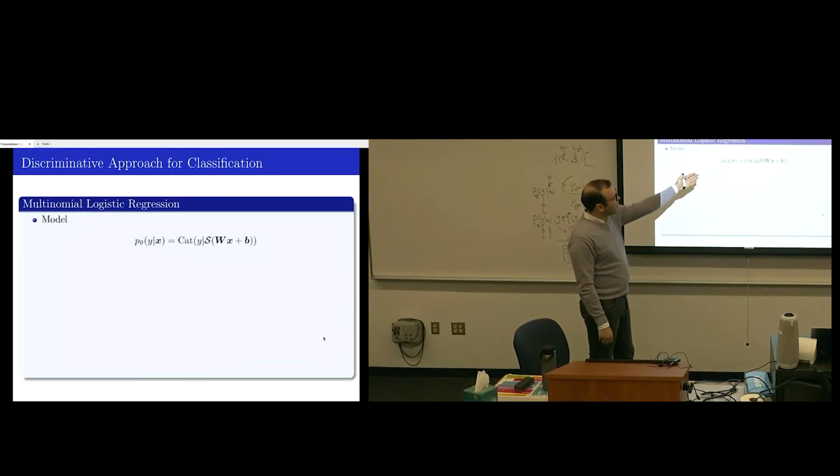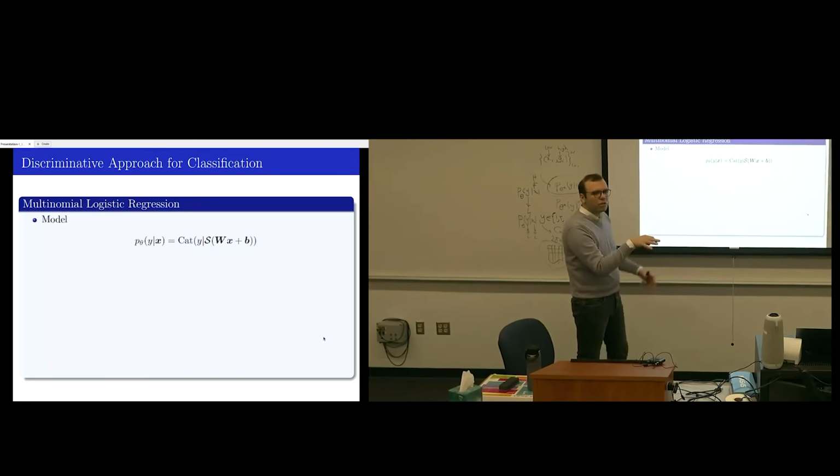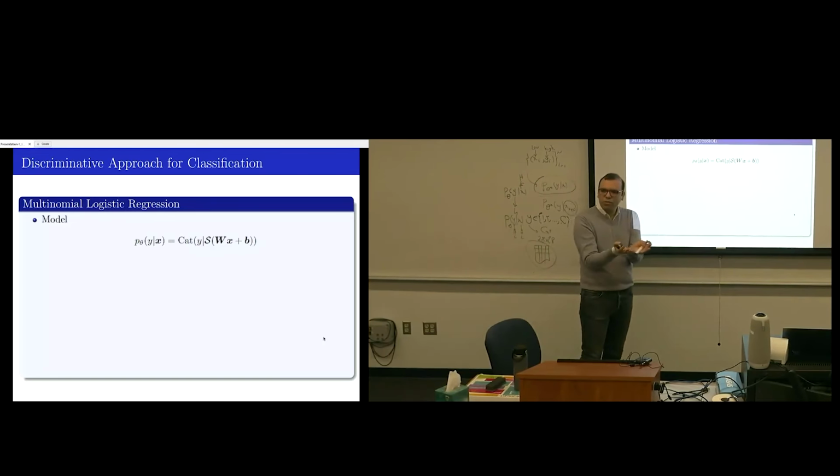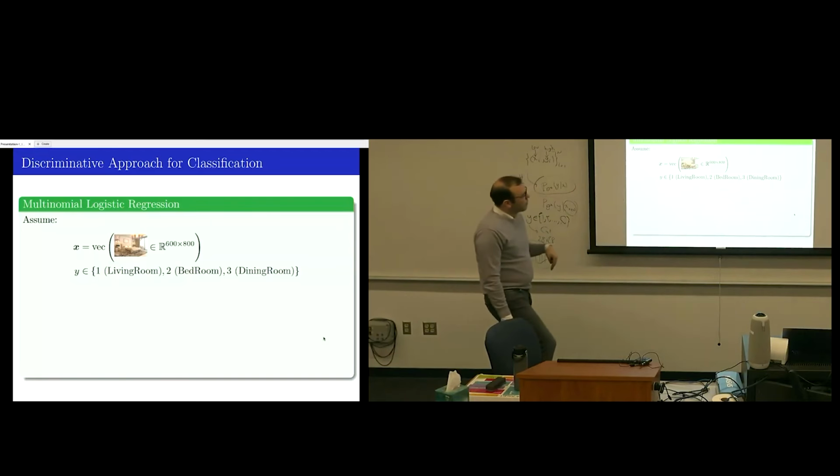Given the input X, you give a categorical distribution over Y, which is generated using an affine transformation over the input and passed through the softmax function. The softmax function is just to make the parameters suitable for a categorical distribution.